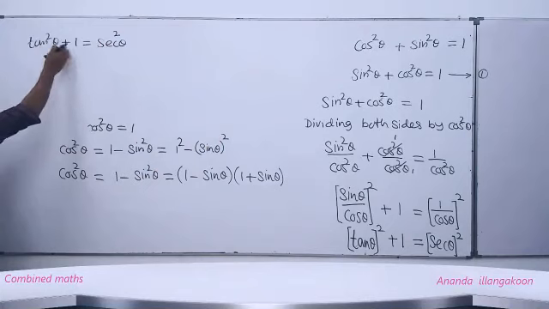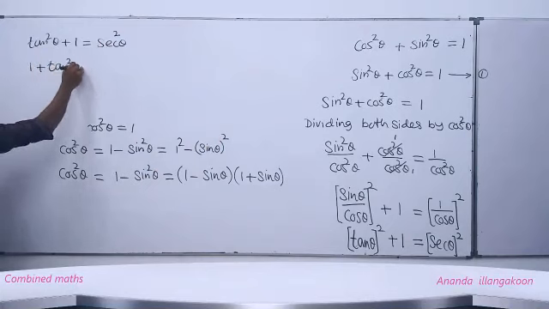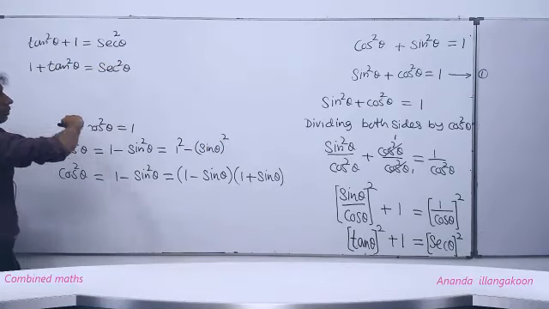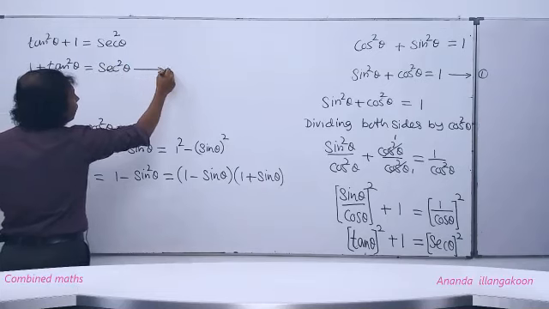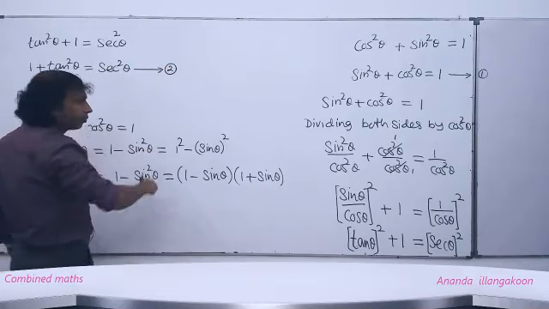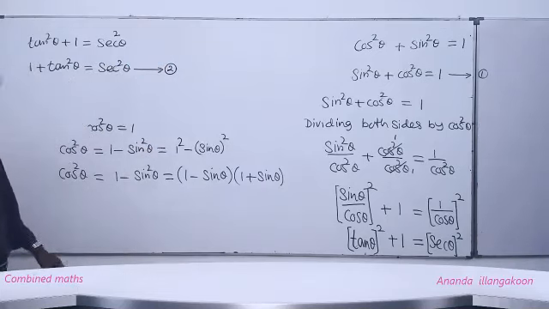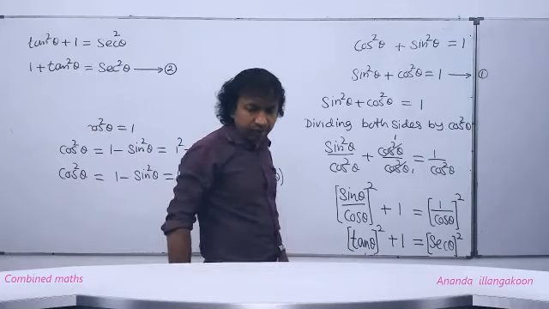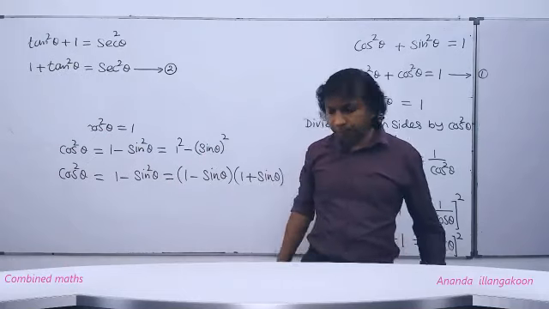By interchanging this order, we write this as 1 plus tan squared theta is equal to sec squared theta. This is number 2. That is the second formula, people. Second formula, number 2.